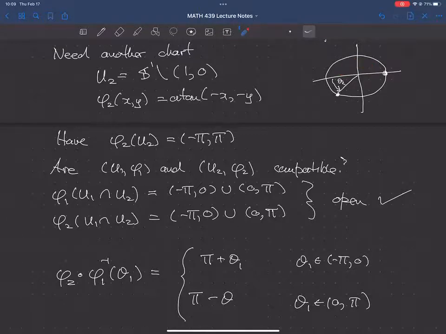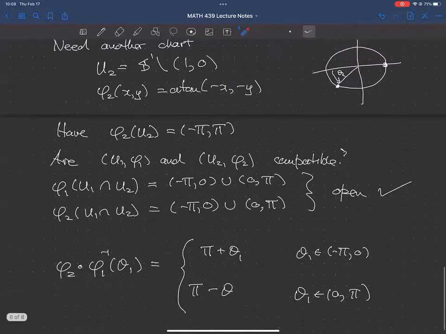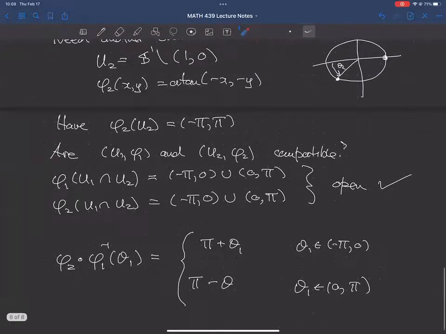And then when theta 1 is 0, theta 2 is minus pi. So it should be minus pi minus theta, right? When theta is equal to pi, it's 0. And when theta is equal to 0, it's minus pi. Okay, good.